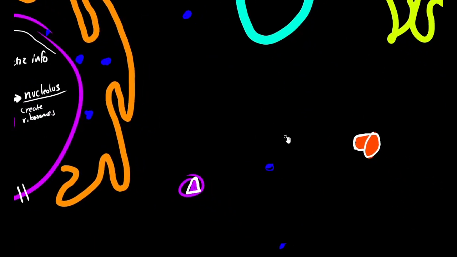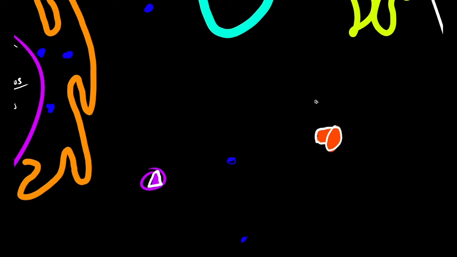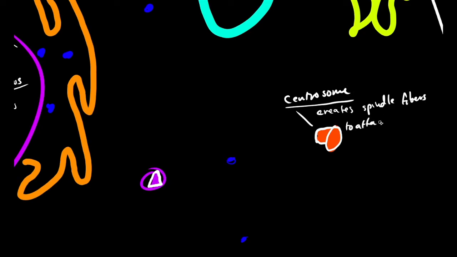Now, past the vacuole, we have to go next again in the clockwise direction to the centrosome. The centrosome. Its main function is quite simple. It creates spindle fibers to attach during cell division.